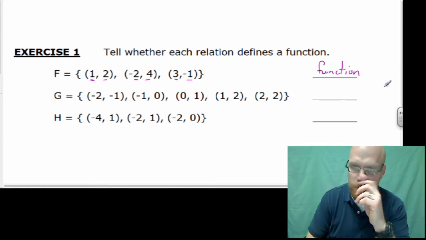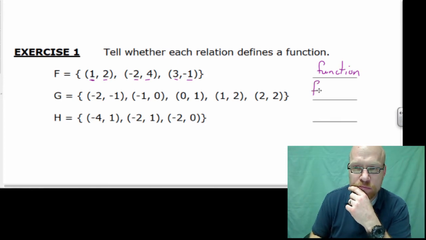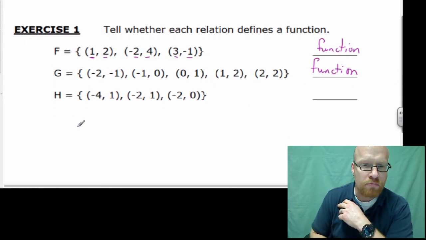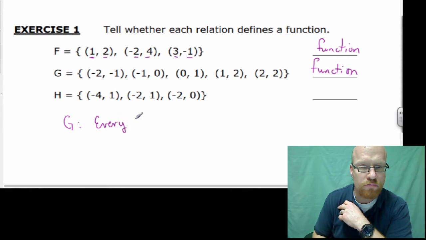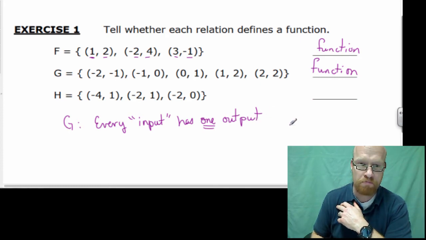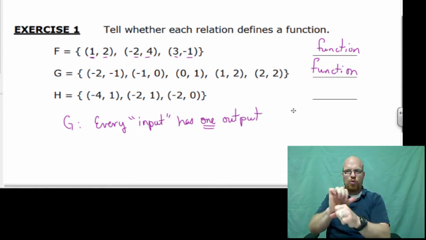That's a function. So that's how we show that that works as a function.